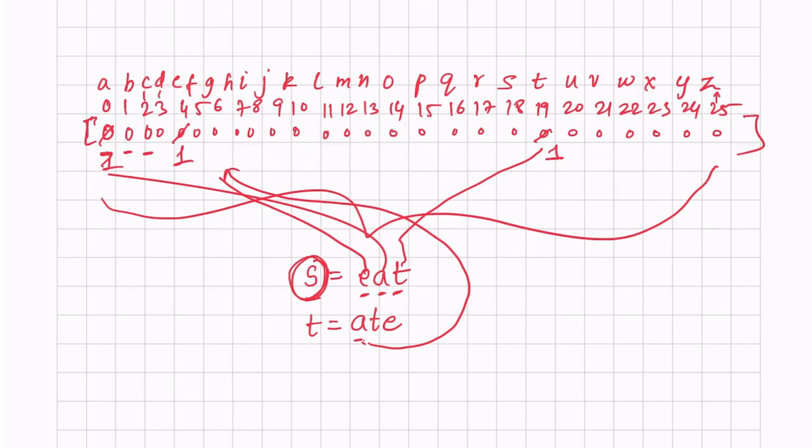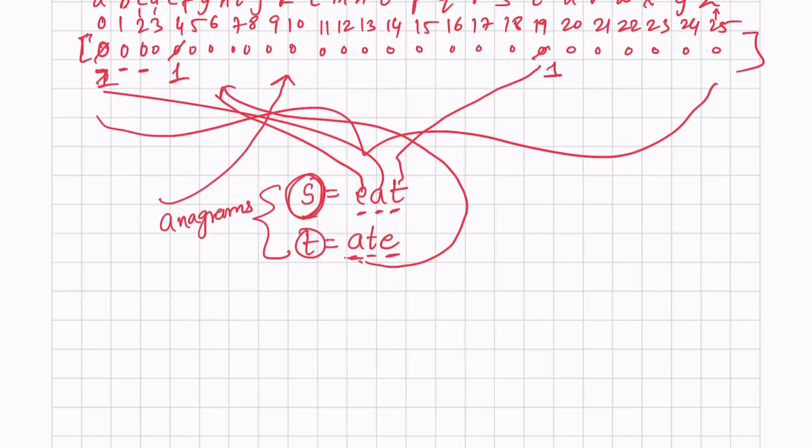So for A, for this string, you'll also have the 0th position marked as 1 for A. You'll also have the 19th position marked as 1 for T, and you'll also have the 4th position marked as 1 for E, right? So two strings, if they are anagrams, will generate the exact same array sequence, right? And that's it. You have now generated the key for a particular string.